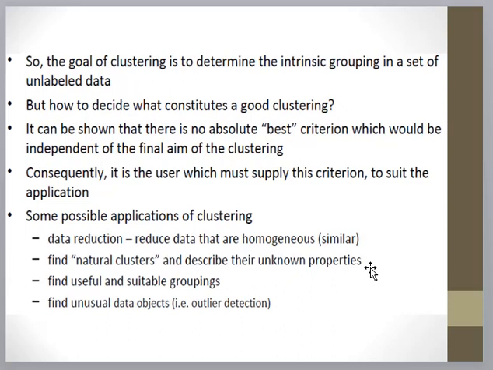Then instead of manually selecting or grouping different objects with different properties, we cluster them together, so the elements with the same properties will be grouped in a single cluster, and other objects with other properties will be grouped in other clusters. So it will help us to understand different properties of different elements.